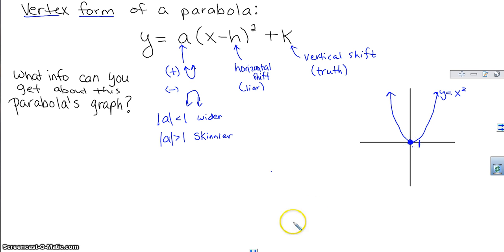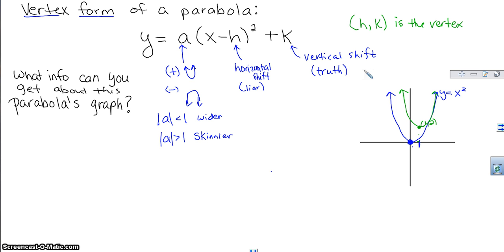So if I take this point and I now move it 1 unit to the right, and let's say 2 units up, now that vertex would be at 1, 2. So that horizontal and vertical shift is also going to represent my vertex. So vertex form of the parabola very obviously, blatantly will show you what the vertex of that parabola is.